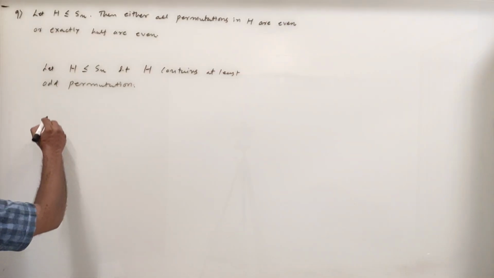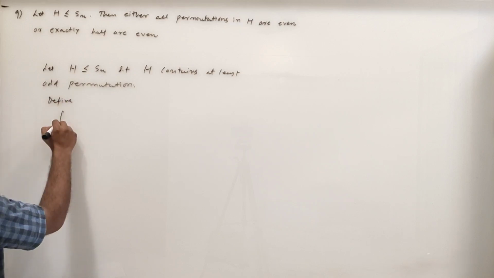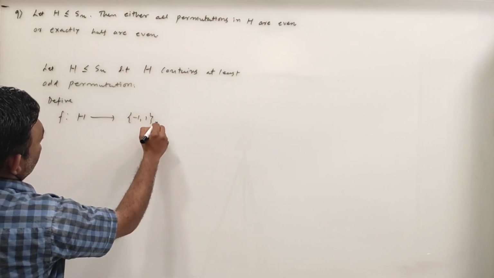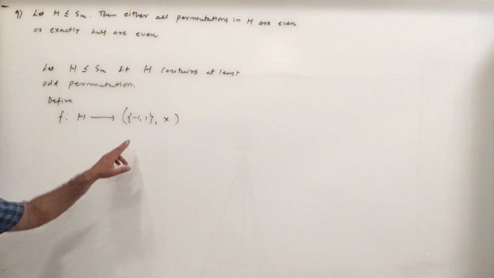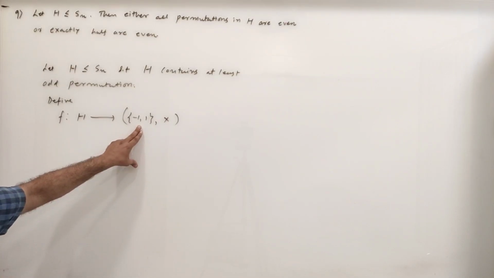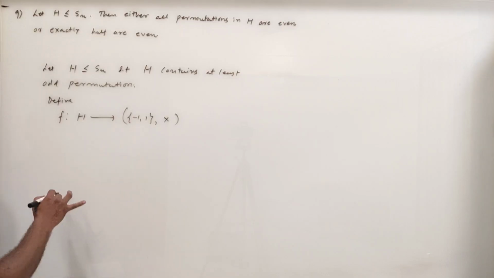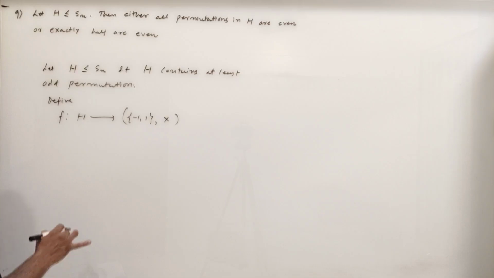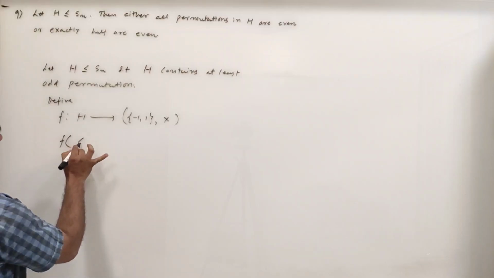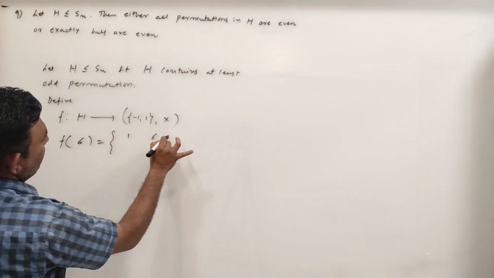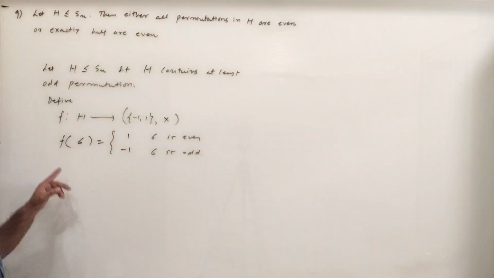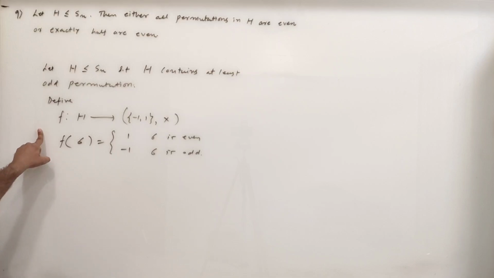Okay, so now you define f, a mapping from H to the group {-1, 1} with respect to usual multiplication, and we know this is a group having two elements, and the identity of this group is +1. And H is this subgroup of Sn. So now you define the function in this way: f of sigma is equal to 1 if sigma is even and -1 if sigma is odd. Already we have discussed this function.